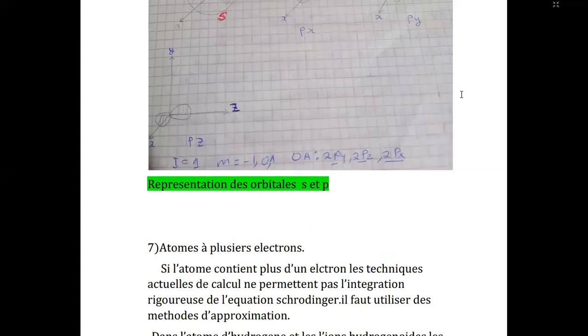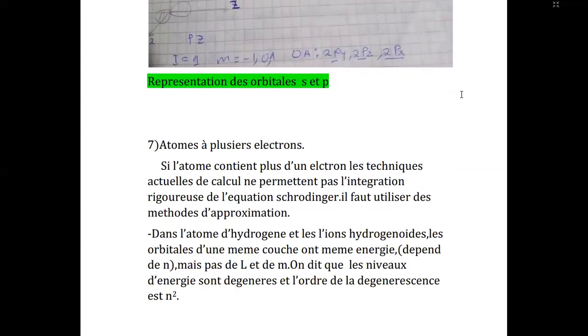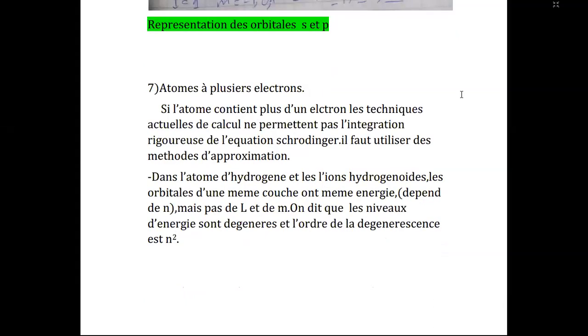So I'll start with the Slater approximation. Before we look at this approximation, first you have to know where it applies. First we have to study the atoms plus their electrons.